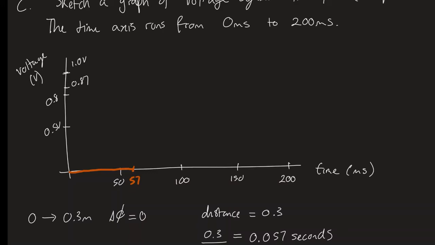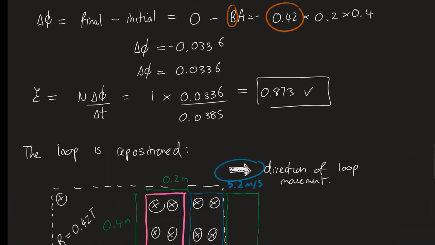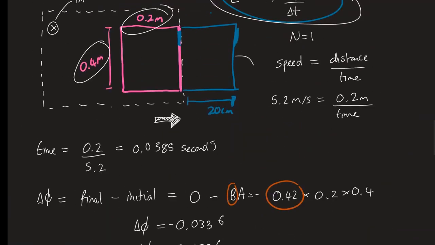So we can put that into the graph. All of a sudden it leaps up as we start changing the flux, and for some amount of time that voltage is going to be induced. In part A, we did work out the time that this took. We saw that it takes 0.0385 seconds, or 38.5 milliseconds.